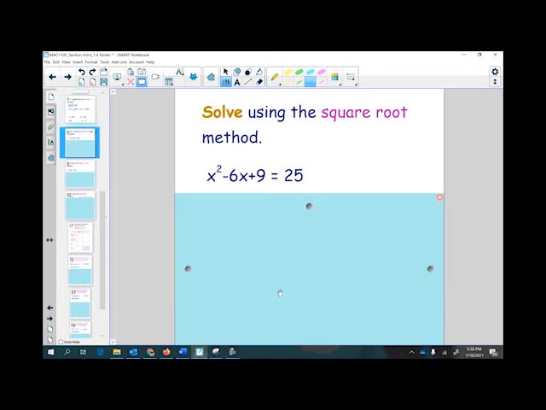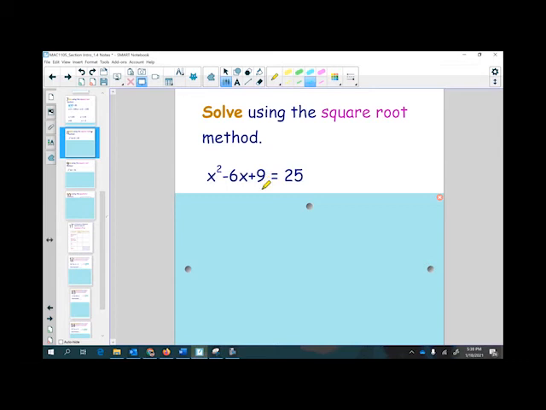Now here's another one. This one is not in the form with a quantity and a square on the outside. It's got other terms that are not squared. So you have to approach this totally differently. But if you recognize this pattern here, which is a perfect square trinomial, then you can rewrite it in the form you want.